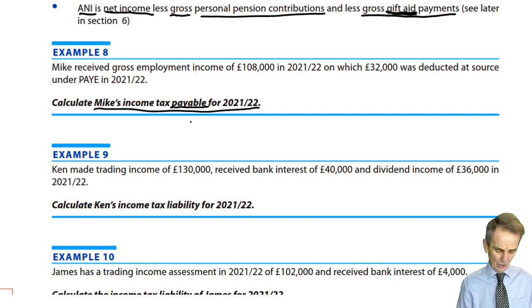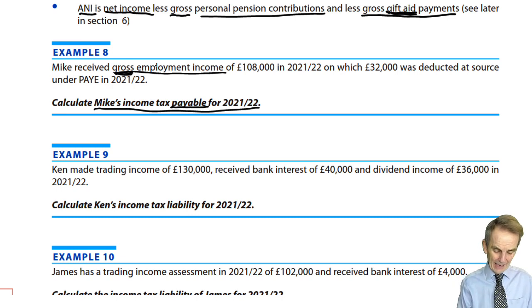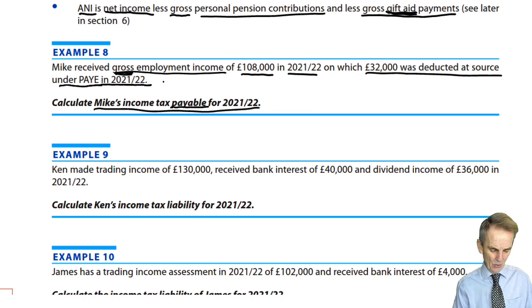So it will come as no surprise here that we have our gross employment income. I don't have to use the term gross there because employment income will always be quoted as a gross figure. That is £108,000 in our tax year, and upon which £32,000 was deducted at source under PAYE within the 21-22 tax year.